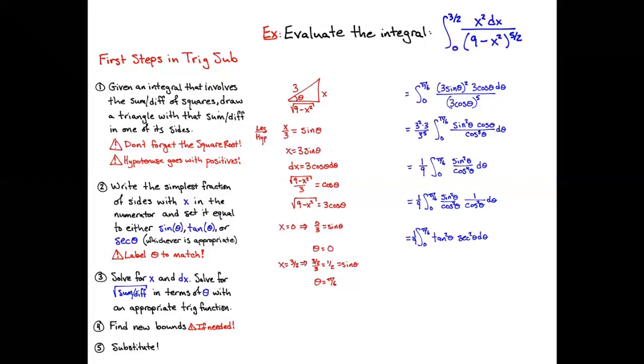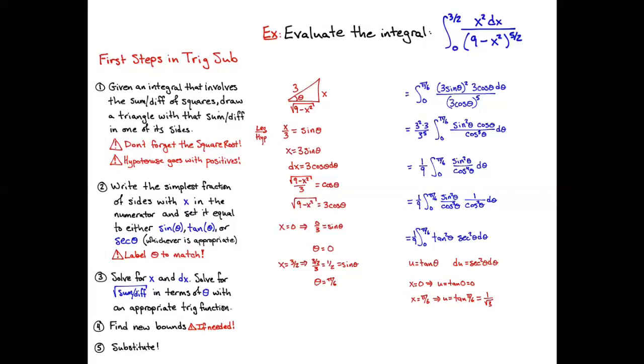And now that is much nicer because I can see, oh, secant squared is the derivative of tangent, and so u equals tangent will help me out quite a bit. u equals tangent, du equals secant squared theta d theta. x equals 0, u becomes tangent of 0 which is 0. x equals pi/6, u becomes tangent of pi/6, which is 1 over square root 3.